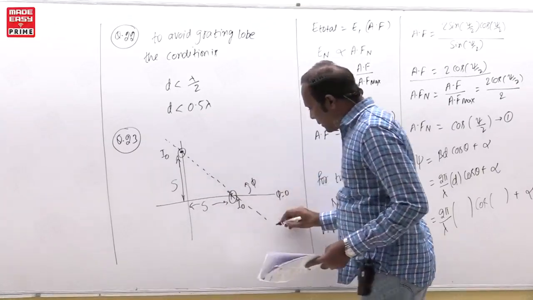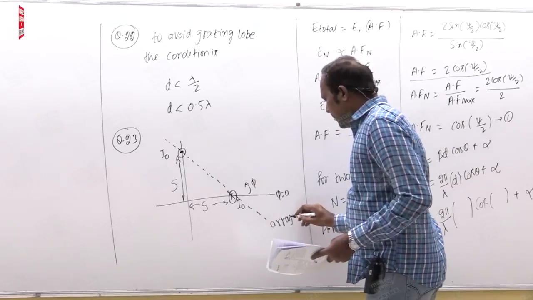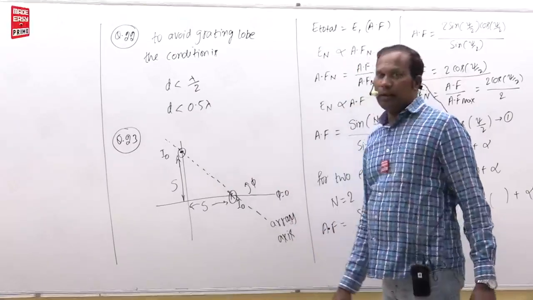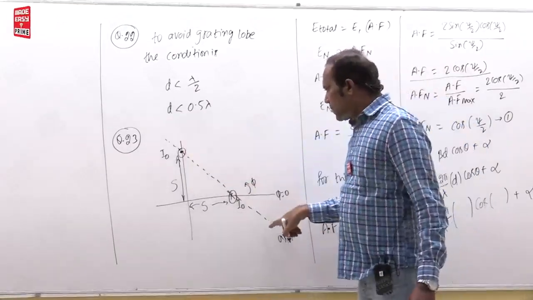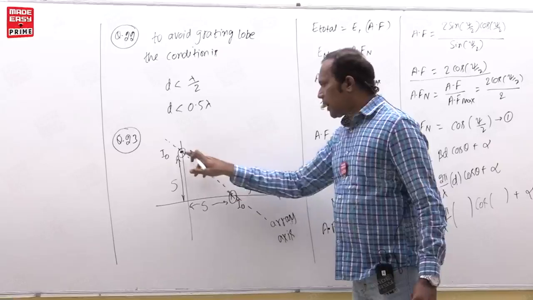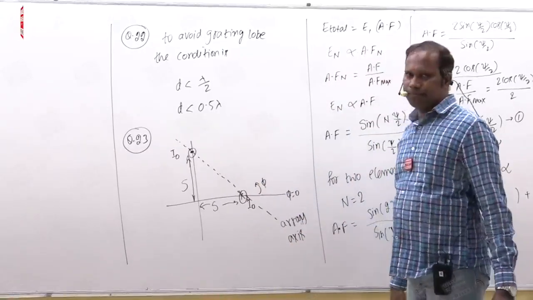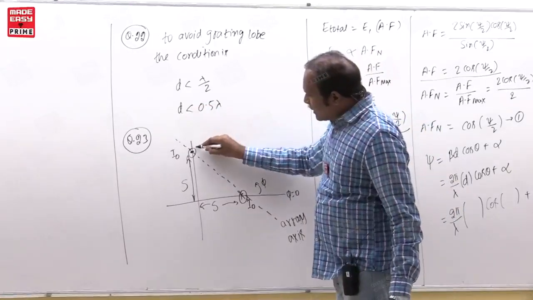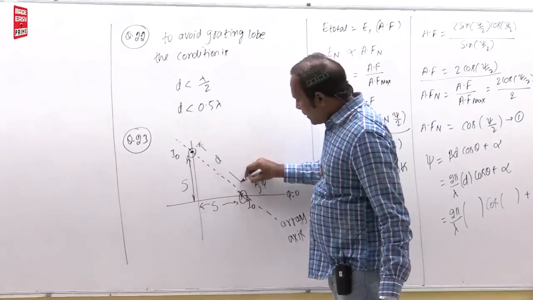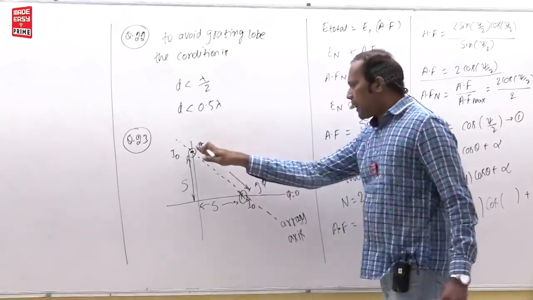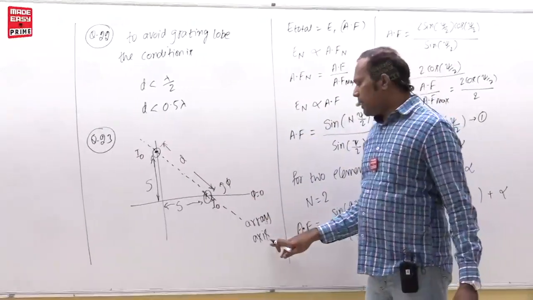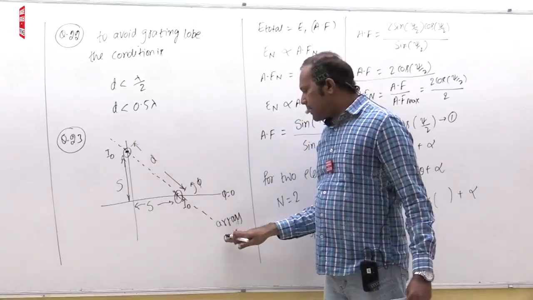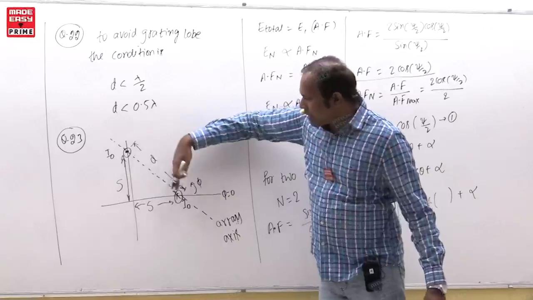Then this is called the array axis. Array axis means the line on which antenna elements are there. Now on the array axis, the distance between antenna elements is calculated.